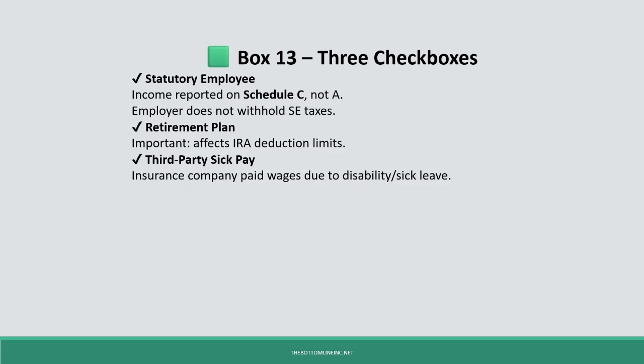So box 13 also, you're going to check, are you involved in an IRA deductions or a retirement plan? So if you're involved with a retirement plan with your employer, you cannot take other IRA deductions. You can take a Roth depending on income limitations.